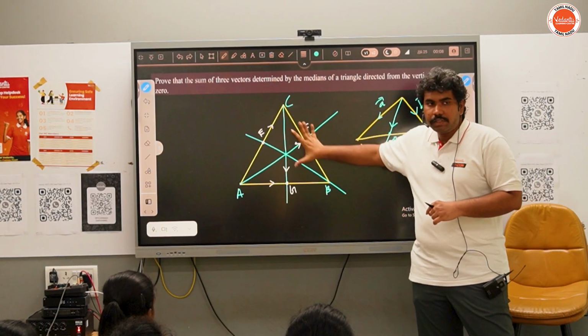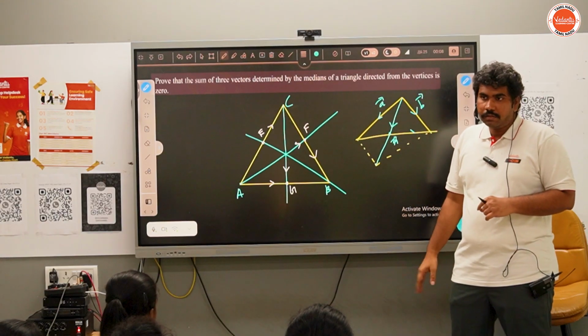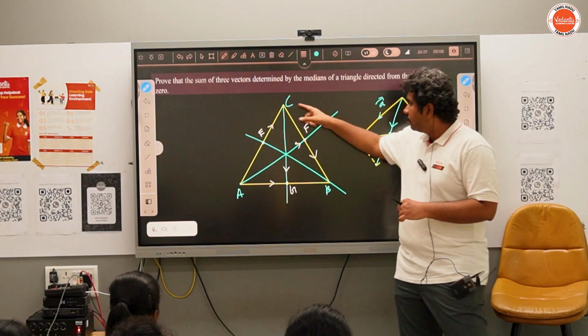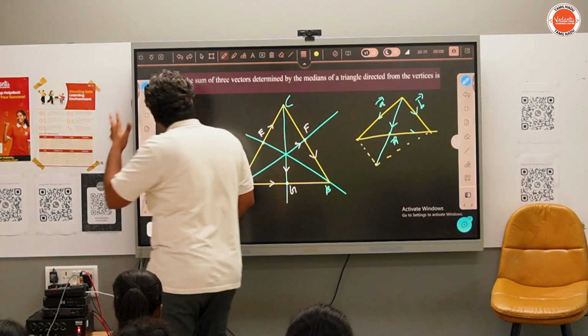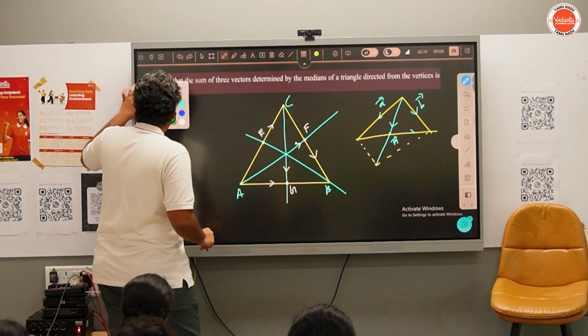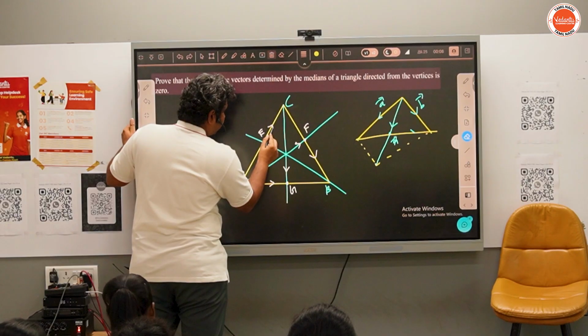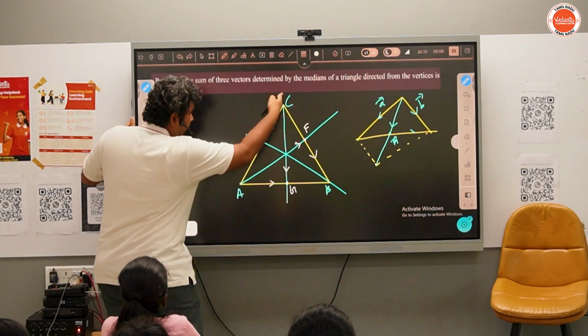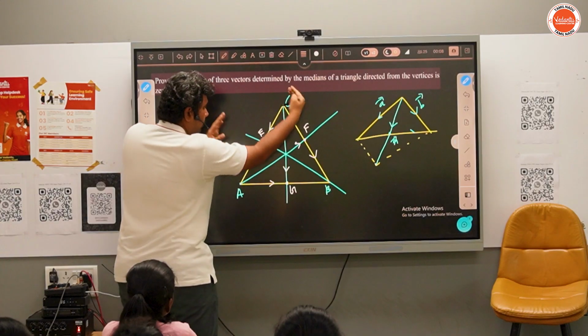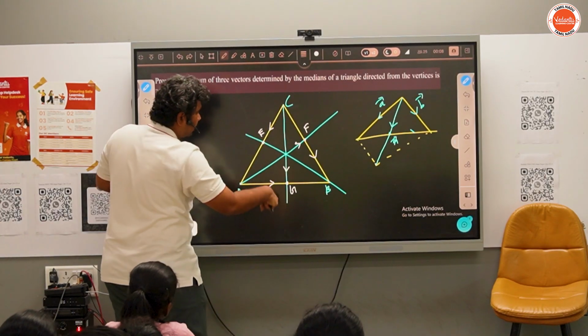This is half of the resultant vector. Okay, so what can I say here? Here I can say, okay, the way the direction, I'll just change the direction. So take it like CA vector, CB vector, the resultant is going to give me CG vector.